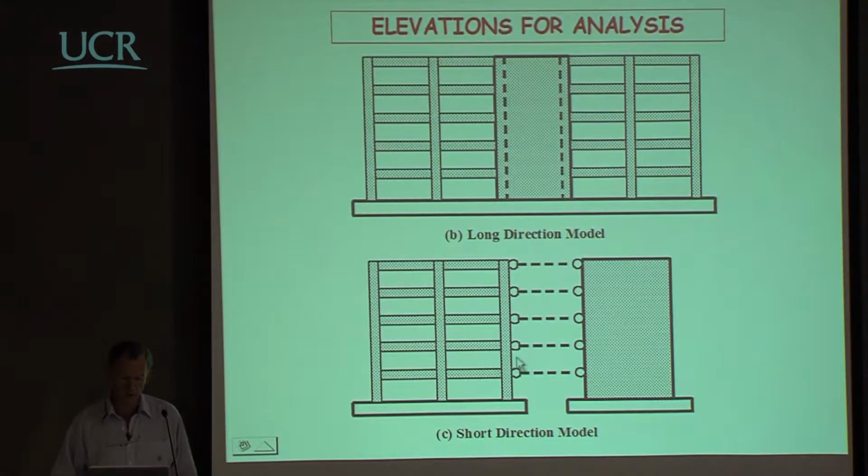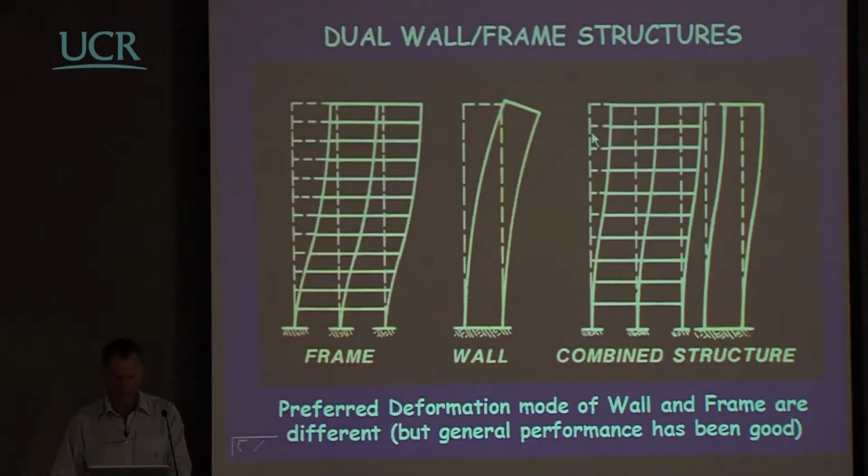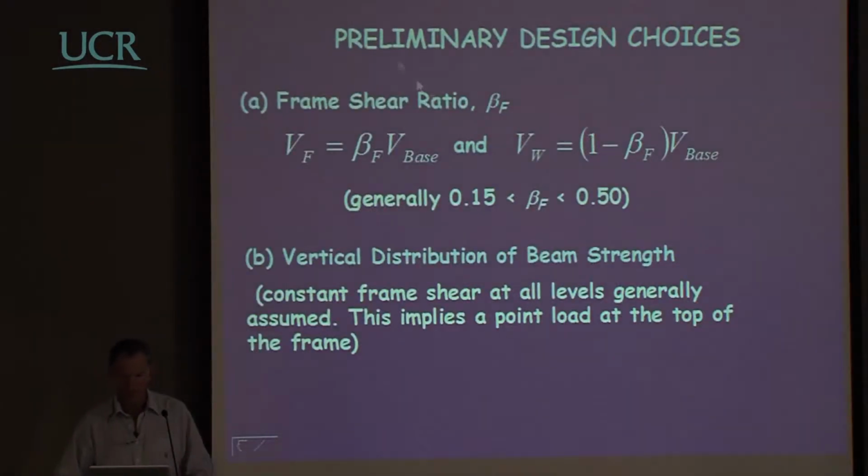In the short direction, the transverse direction, the wall and the frame are constrained to have the same displacements, but there is no moment transfer between them. In this case, there is moment transfer. So we will start off by looking at the short direction model first, then come back to see what needs to be modified when we consider the long direction. I can just go over that.